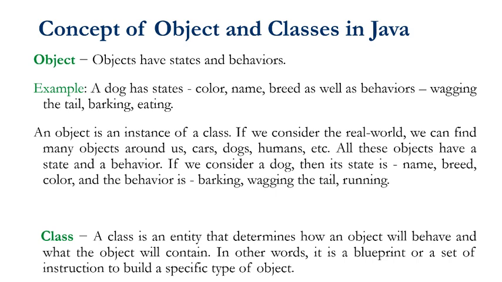Now, what is a class? A class is an entity which represents or contains all the variables and methods. Say there is a class where student, table, chair, teacher are all there.